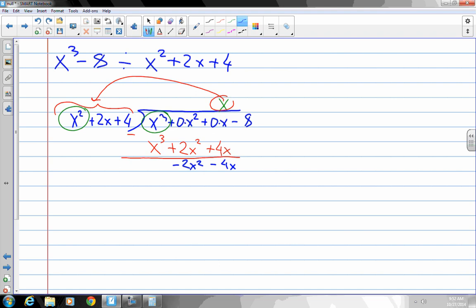Bring the negative 8 down. Are we okay with how we got to this point? What do I do next?